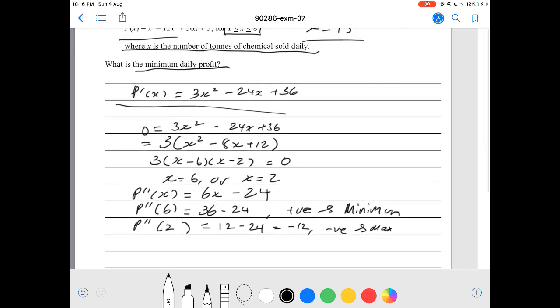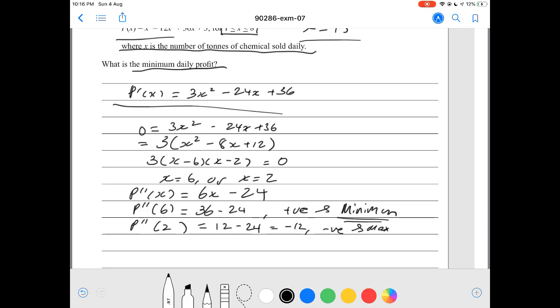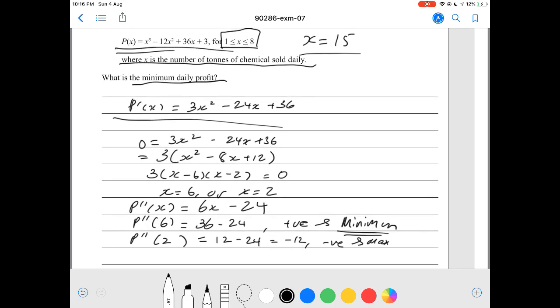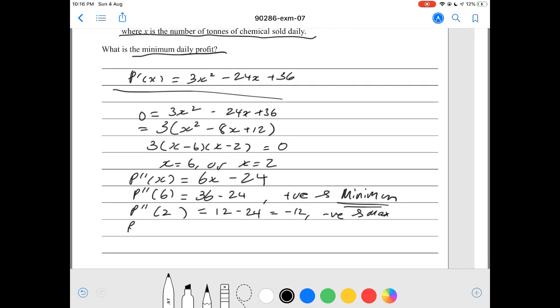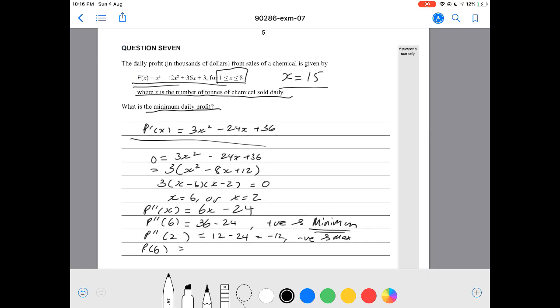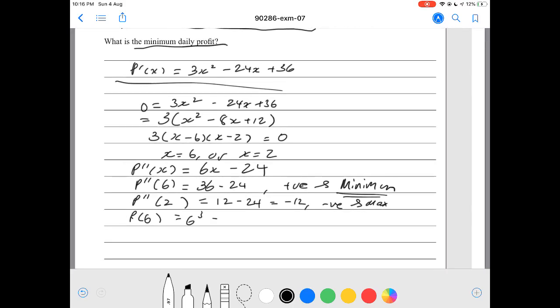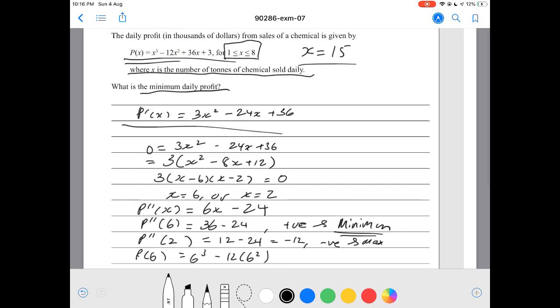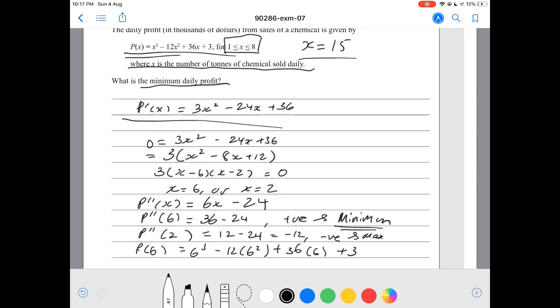Okay? So now we found our minimum, and we're going to substitute this minimum back into our original function to find our profit. So therefore, we're going to substitute P of 6, and that equals 6 cubed minus 12 of 6 squared plus 36 of 6 plus 3.